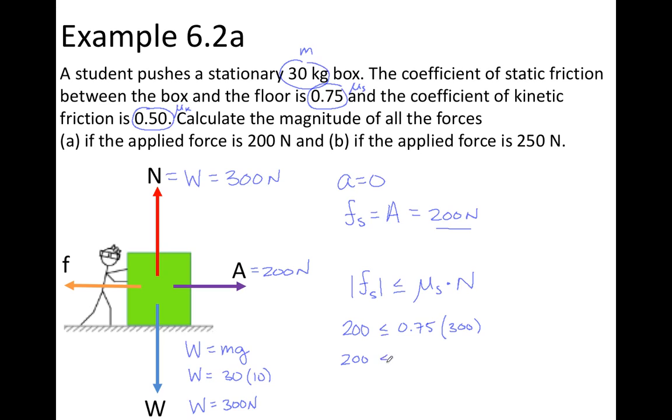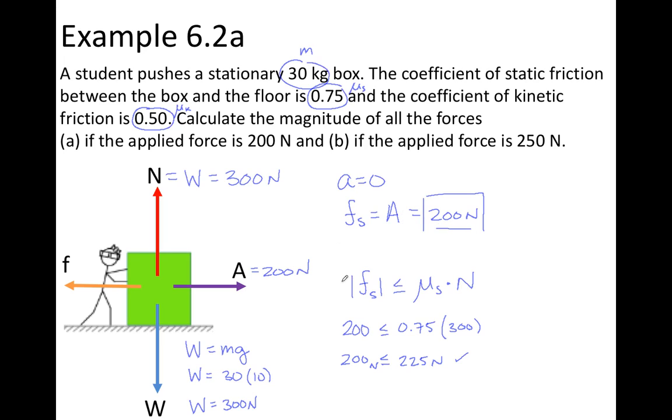Evaluating the expression on the right-hand side of this inequality, we get 225 newtons. So the inequality is not violated. This is true, and so the static friction force will adjust itself to be just enough to keep the surfaces from slipping. And so the static friction force is going to equal the applied force and is going to be 200 newtons.